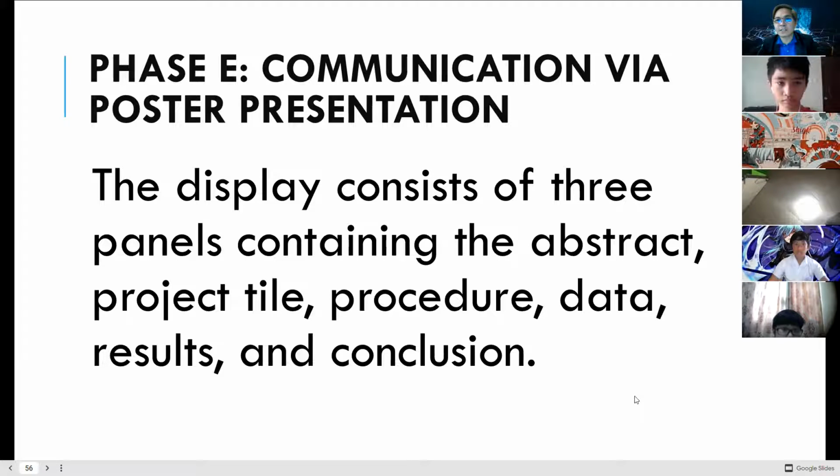Phase E is the communication via poster presentation. Poster presentation means that you need to display your output. The display consists of 3 panels containing the abstract, project title, procedure, data, results, and conclusion.